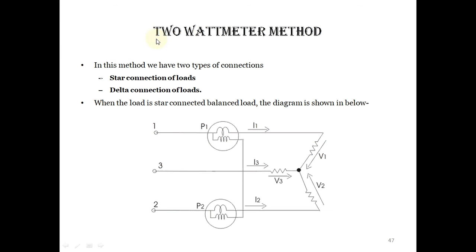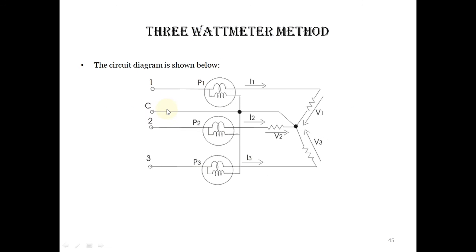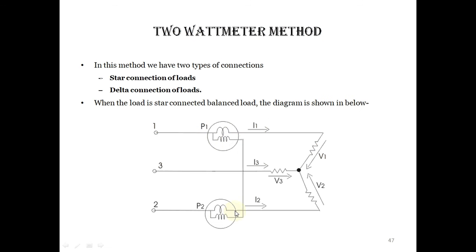Now let's move to the 2 wattmeter method. As I told earlier, compared with the previous figure, this C is on line 2, so the number of wattmeters is reduced to 2. Now this 2 wattmeter method can be used with either of 2 types of connection, star connected load and delta connected load. This is a balanced star connected load.